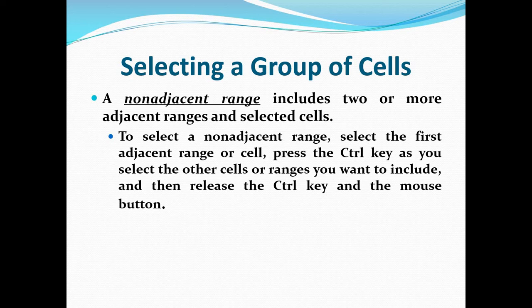So first select the first cell or the first adjacent cells, then press the Ctrl key, go to another cell and click on it, and continue until you finish. Then you can release the Ctrl key.